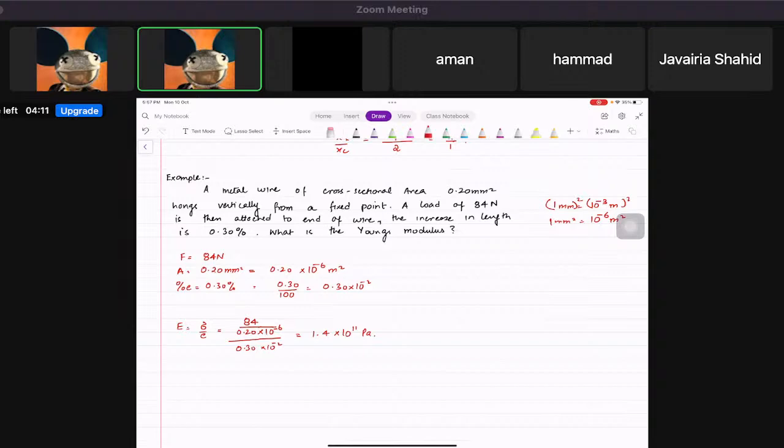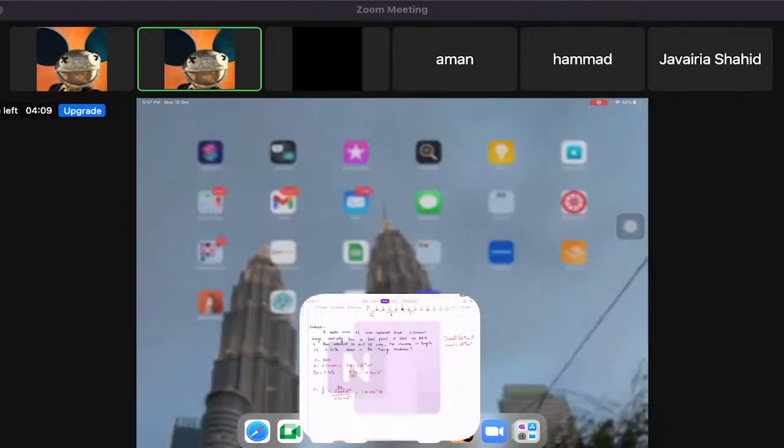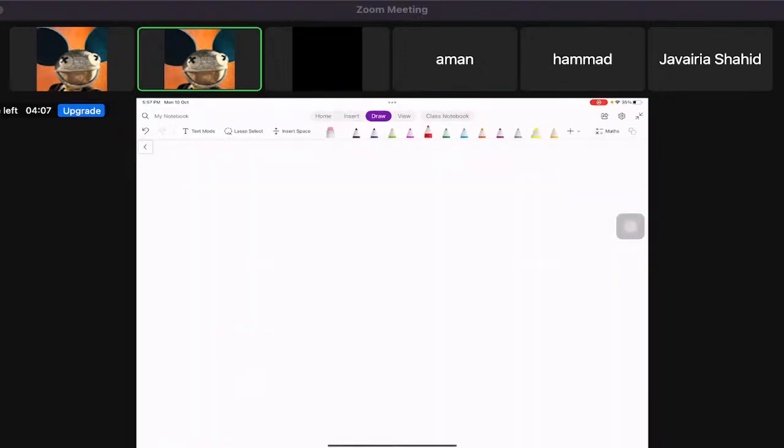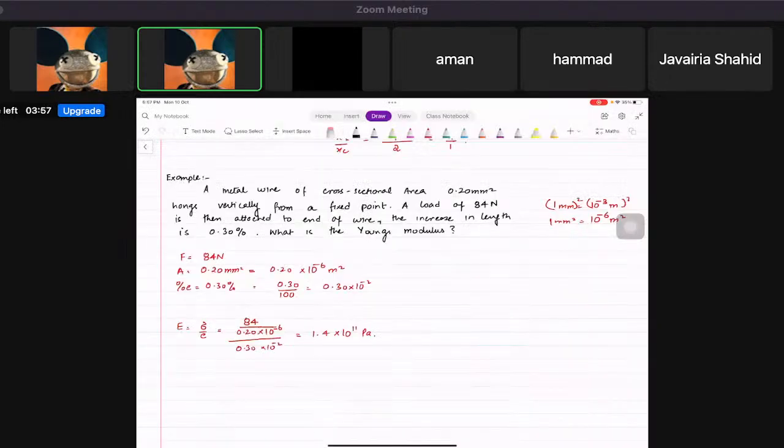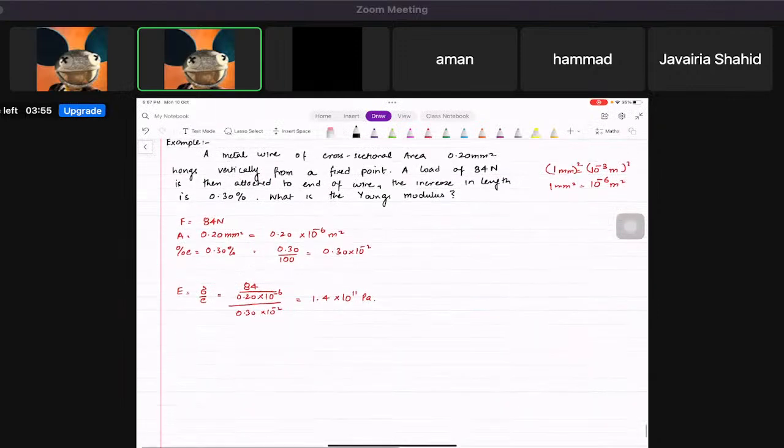All right, now the next thing you guys need to do is let's do the next question now. Okay. So let's do the example. Now they have shown a figure like this.